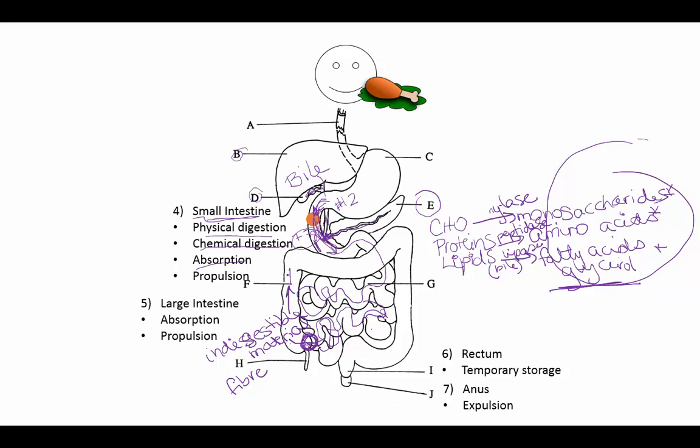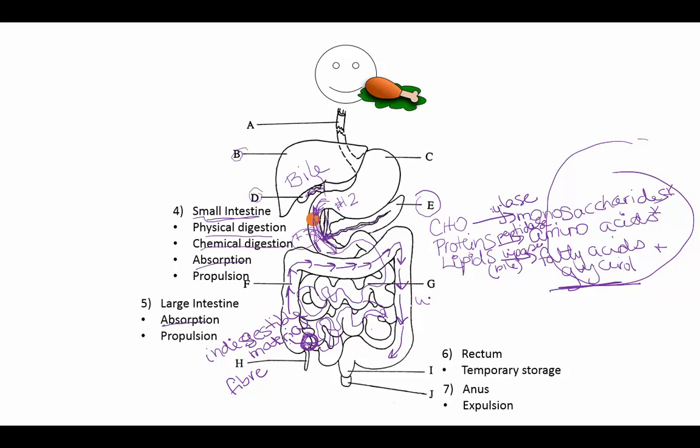Now, as our indigestible material moves through the large intestine, and recall that peristalsis works slightly differently in wave-like motions in the large intestine, as this is occurring, we will have absorption happening in the large intestine.